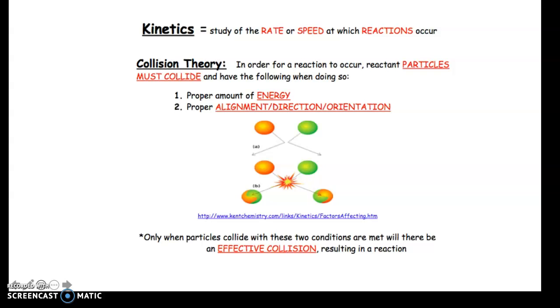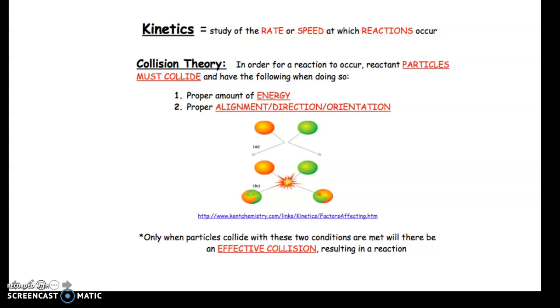Now, for a reaction to occur, we must have collision. I'm going to say this again. For a reaction to occur, we must have particles colliding. And when they collide, they must collide with the right energy and the right orientation, direction, or alignment.